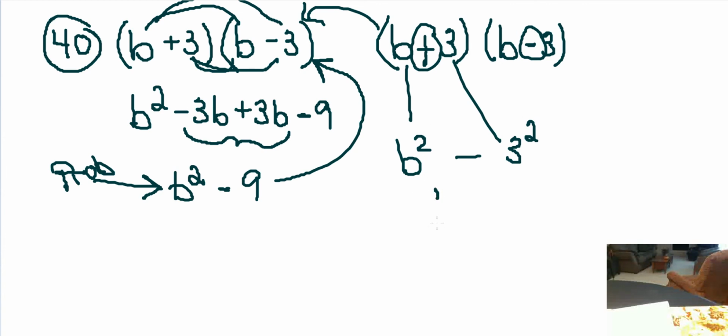So this ends up being b squared minus 3 squared, which is 9. And you have a match here. They're the same, you get the same answer.